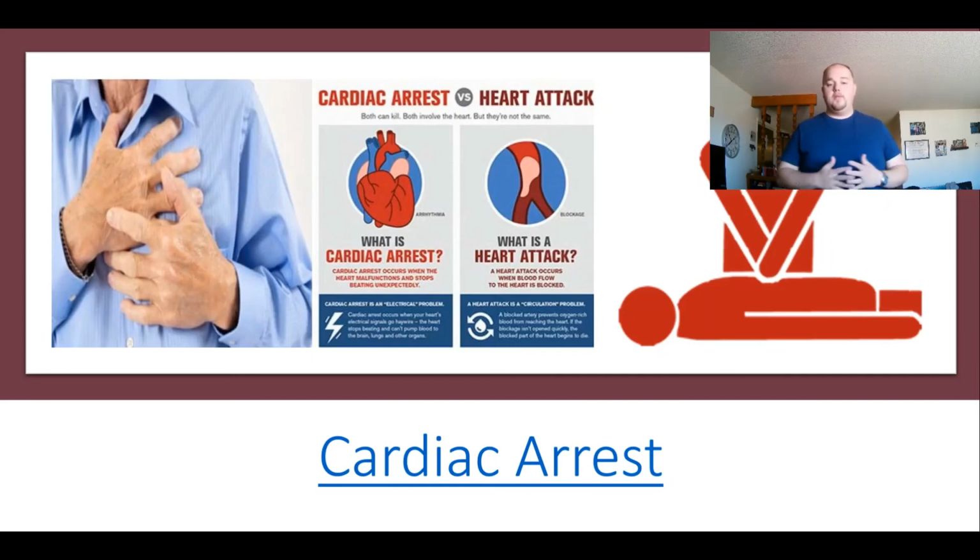People present differently, and we have to remain critically aware of the surroundings and be ready to handle the situation on how it presents itself to us.